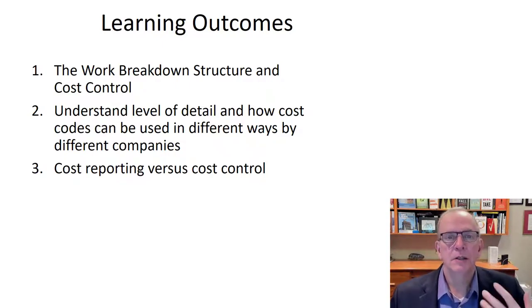Made it a lot easier for us to dig deeper into the impacts on time and cost. So we could go from a high level down to a more granular level to identify what's going on.